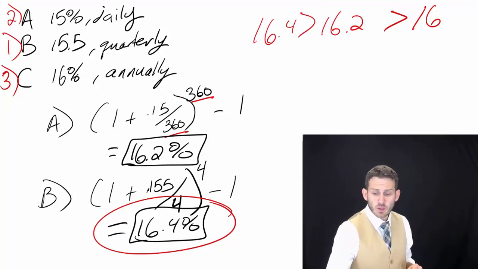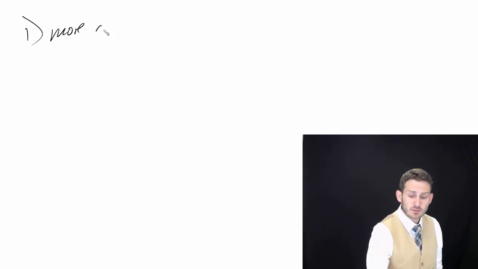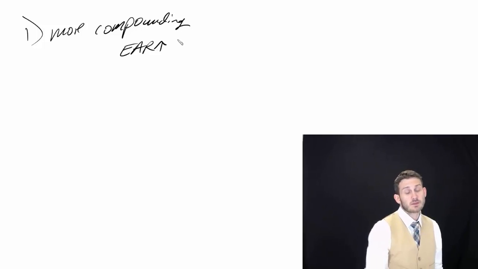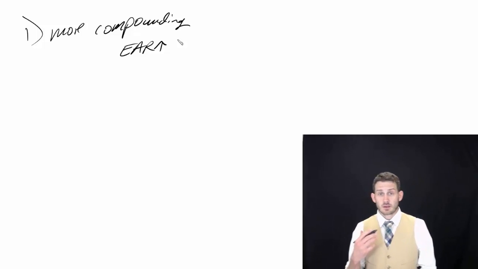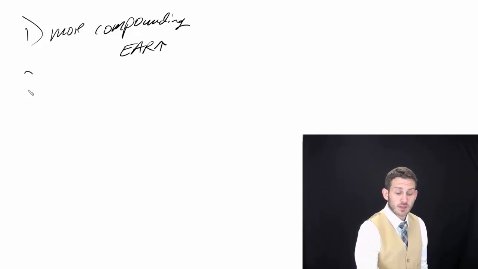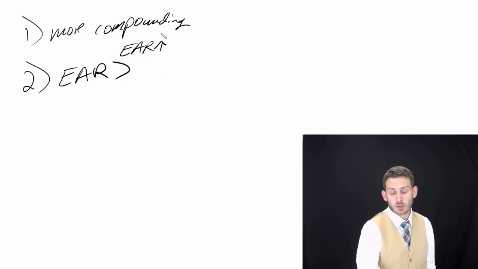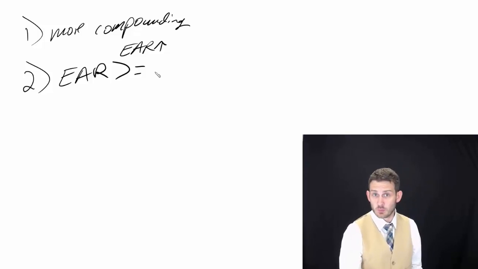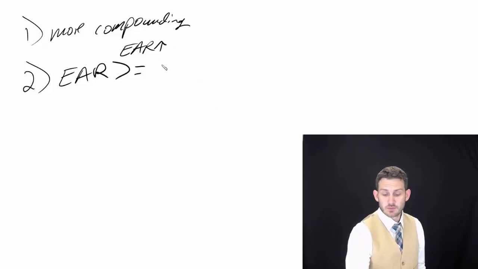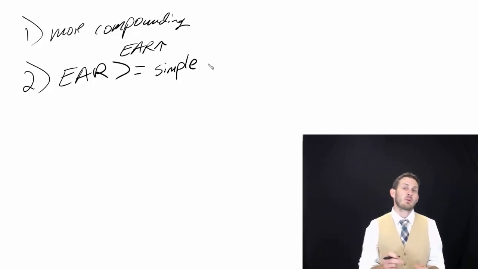I just want to clarify a point real quick: more compounding means that the effective annual rate rises. That's a crucial point. The second one is that the EAR is always greater than or equal to the simple rate.